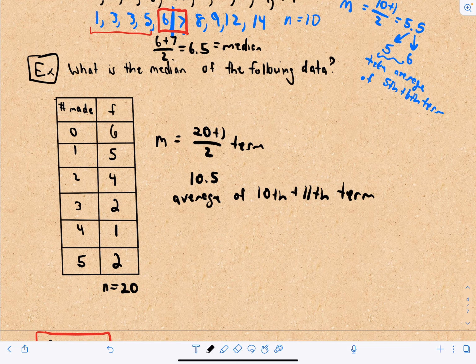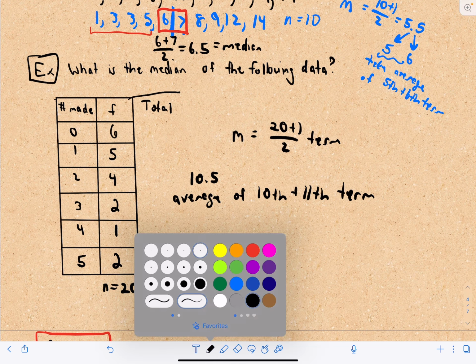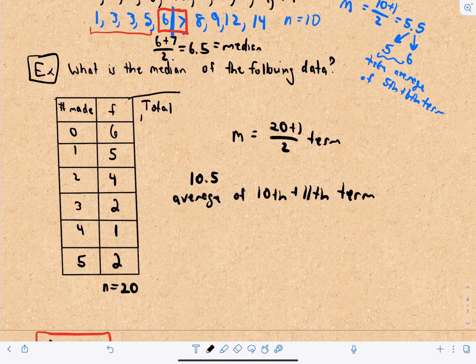So notice in total, I'm going to make another little column here. Let me move this stuff over. So let's make this the total observations, or the total people.